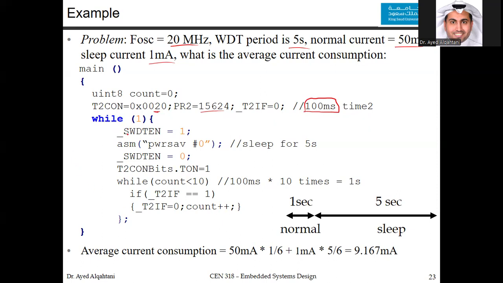Now in the while loop, here you activated the watchdog timer, and then you went to sleep, and then you deactivated the watchdog timer. Now here you will be in the sleep mode for the amount of the watchdog time, which is given to be 5 seconds.